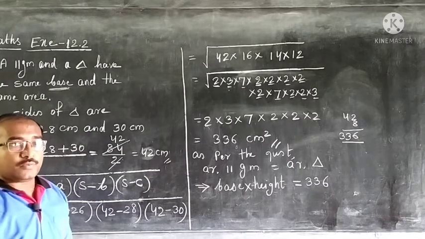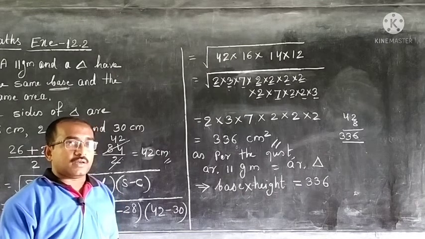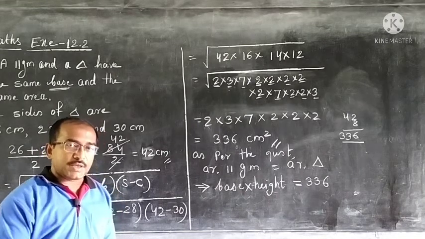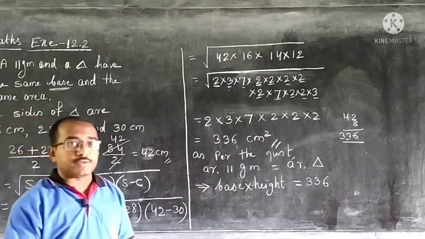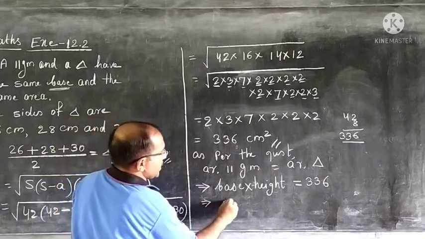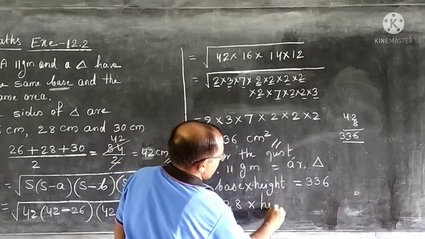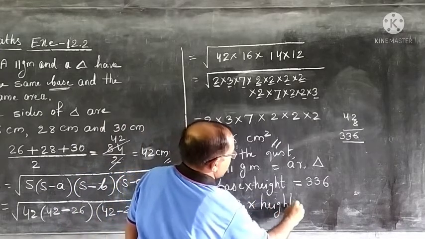Refer to the question and see. It is clearly mentioned that the parallelogram and triangle have the same base, and the parallelogram is standing on the base which is 28 centimeter. So the base of the parallelogram is 28. Find the height of the parallelogram.